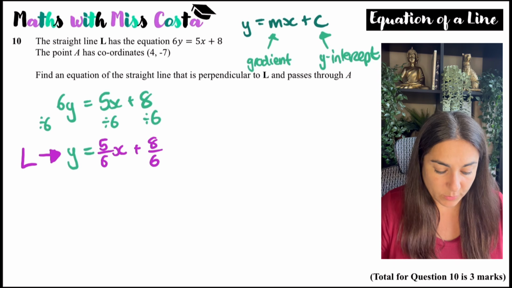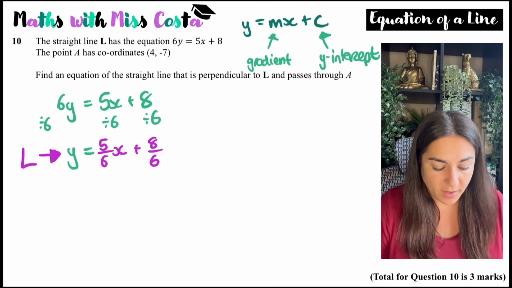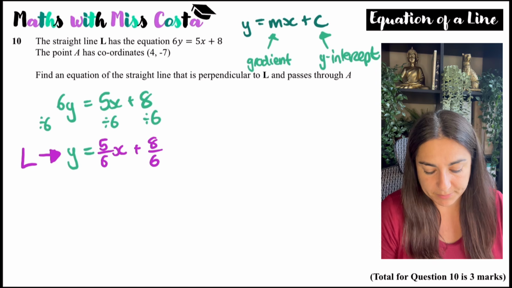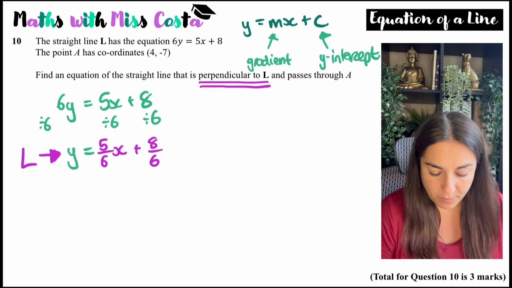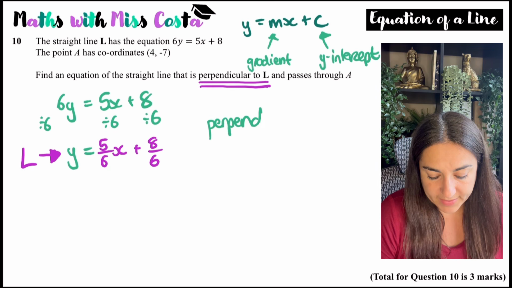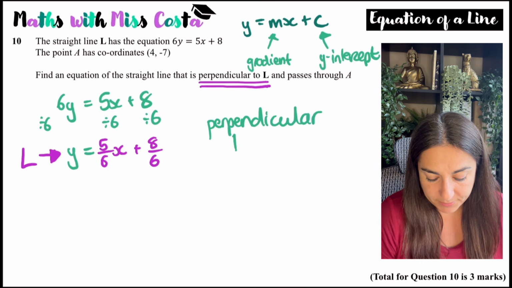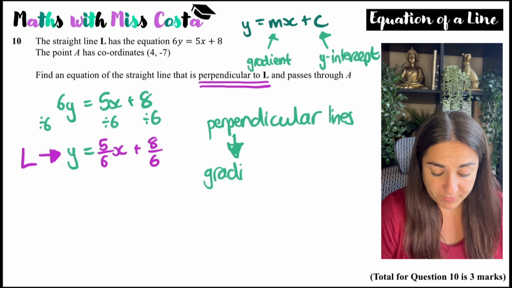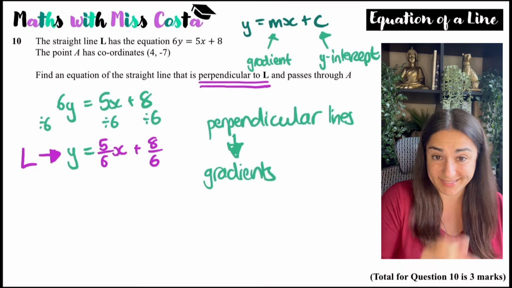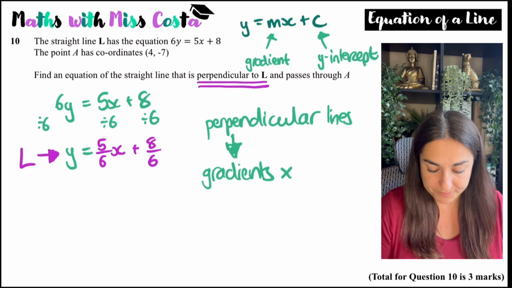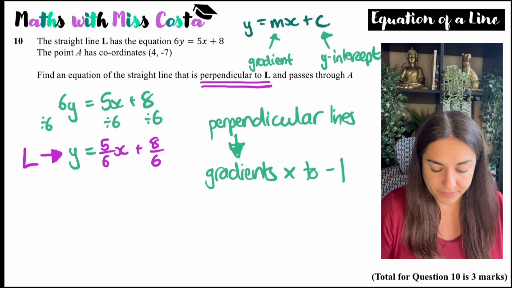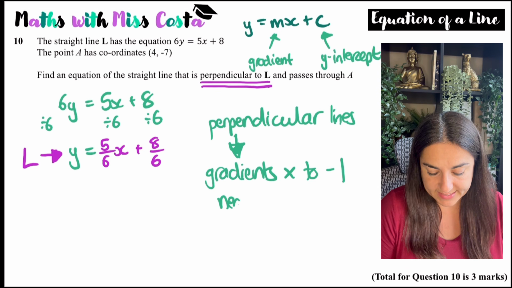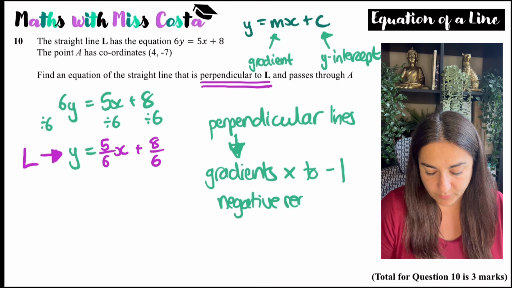The point A has coordinates 4, -7. I need to then find an equation of the straight line that is perpendicular to L and passes through A. So what do I know about perpendicular lines? Well, there's a really special thing that happens. If two lines are perpendicular, their gradients are going to multiply to make -1, i.e. they're going to be the negative reciprocal of one another.